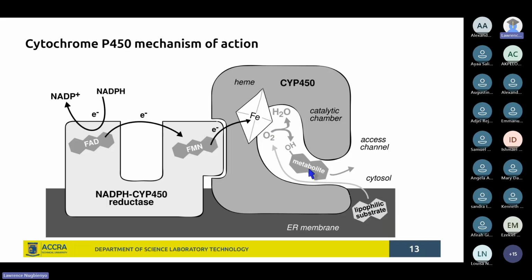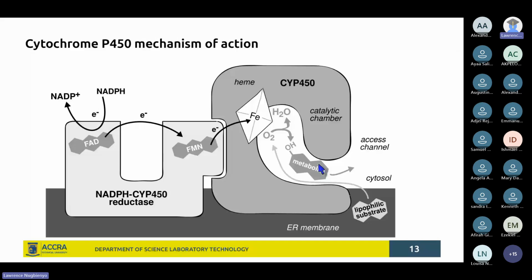And so you see the metabolite gets conjugated with that hydroxyl group. That's a hydroxylation process that has just occurred. So the metabolite will now become more hydrophilic, and then exits that catalytic chamber, and then it can get excreted out of the body.